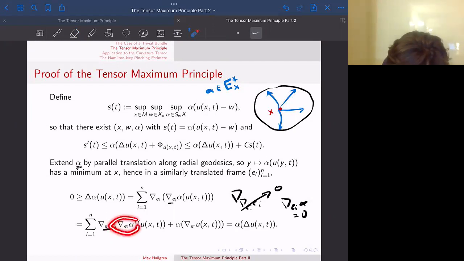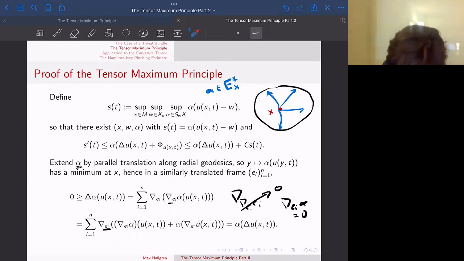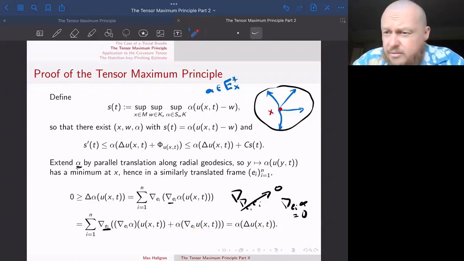So this vanishes uniformly along the geodesic in the e_i direction, which means that its covariant derivative along this direction has to be 0. Okay, so this is 0, and then when the derivative hits this it is 0, and so all that's left is when this derivative hits this, and then when we sum, we just get this term. So this is just a computation.